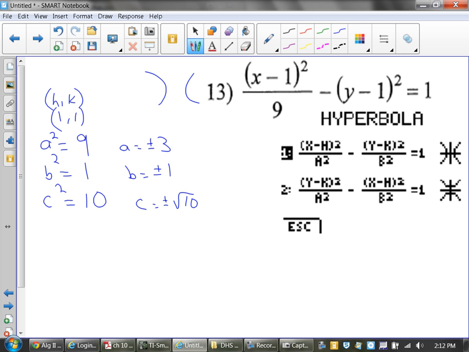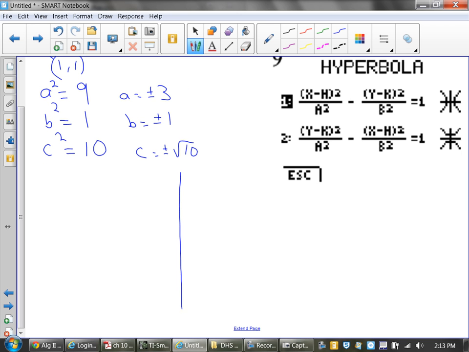Now I'm going to start plotting. Always list these things first, guys. It just makes it easier in the long run. I go to 1, 1. I know I have to open left and right. My A value is the distance from the center to the vertex. So if I'm moving left and right, I move to the right 3 and to the left 3.